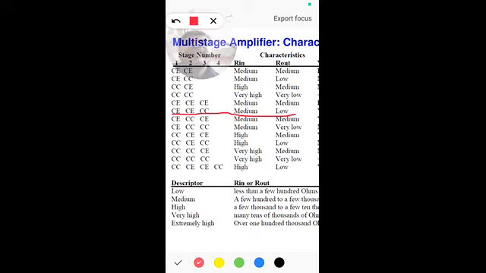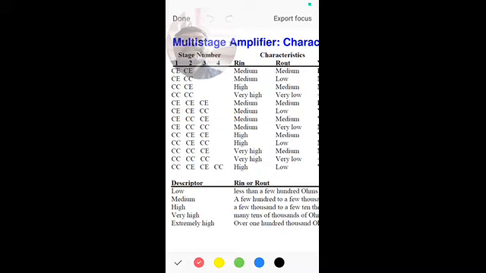So when we have a medium resistance in parallel with a low resistance, the resultant output resistance is less than the smaller one. So we'll get a very low output impedance, because CC is the last stage in the cascaded amplifier. So for a medium input impedance and very low output impedance, we use this type of configuration in the multi-stage amplifier.